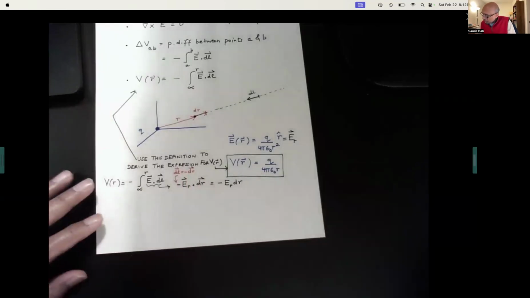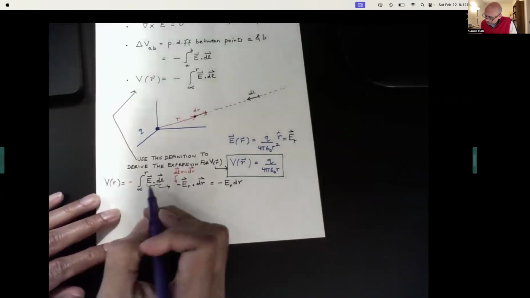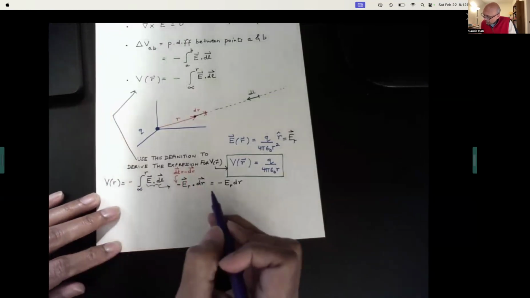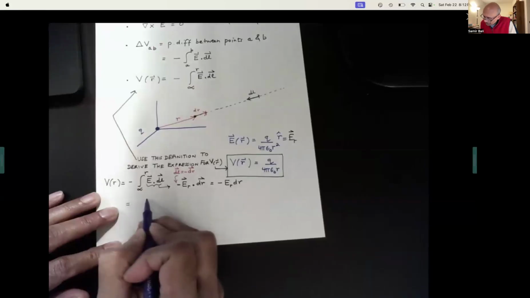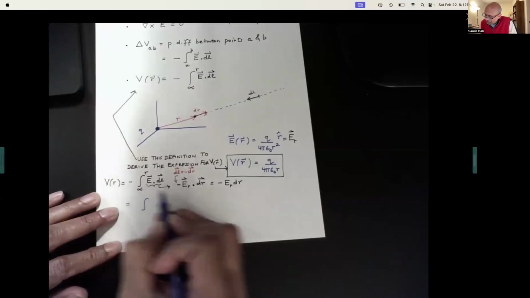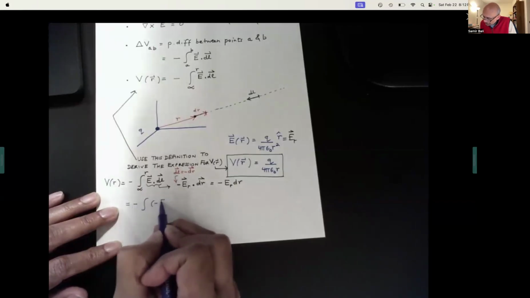So that's good. But now you see my limits of integration have changed. Here I was integrating dl, which was going from infinity to r, but now it has become an integral over dr, so there's a negative here, and there's a negative here.